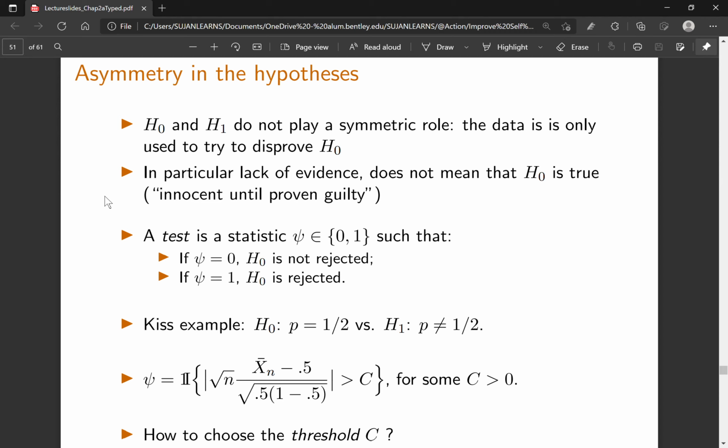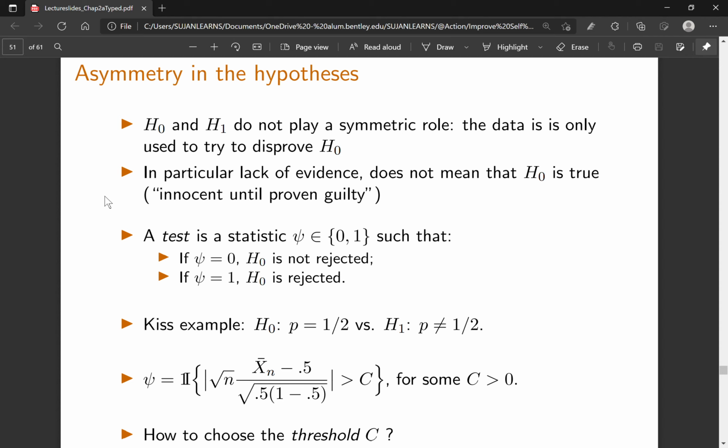When the jury decides that this person is not guilty, it is not saying that this person is innocent, but that the prosecutor could not bring enough proof that this person is guilty. This is a good example to follow when we are dealing with hypothesis testing.